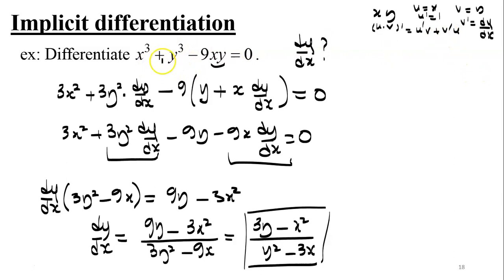So the derivative, for example, of y cubed is 3y squared times y prime, where y prime is dy over dx. And whenever you have a product of terms in x and y, you have to apply the product rule. Similarly, if you have a quotient of terms in x and y, you have to apply the quotient rule. So that is it regarding implicit differentiation of functions given their implicit equations.